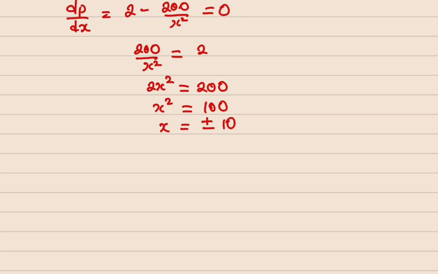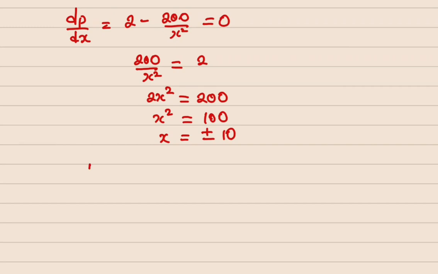Now, for us to know whether it is a minimum or maximum, we need to differentiate the second time. Hence, dP by dx can be written as 2 minus 200 x raised to the power minus 2.